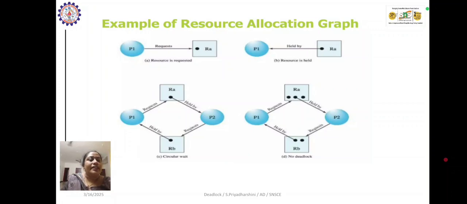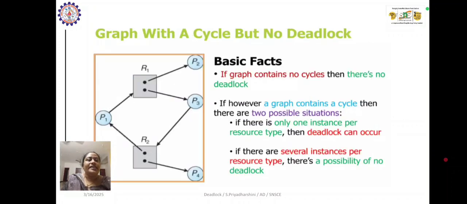Consider another diagram where the resources have 3 instances and 2 instances. Here there is no cycle since we have more instances, so there is no deadlock. The basic facts you have to know: if the graph contains no cycle, then there is no deadlock.